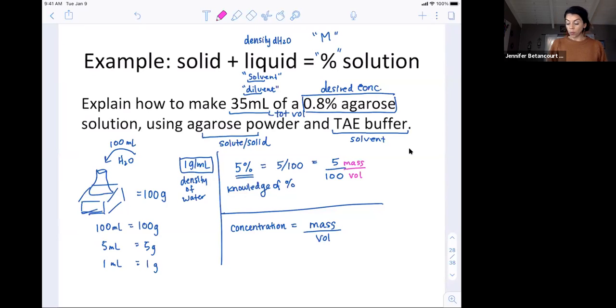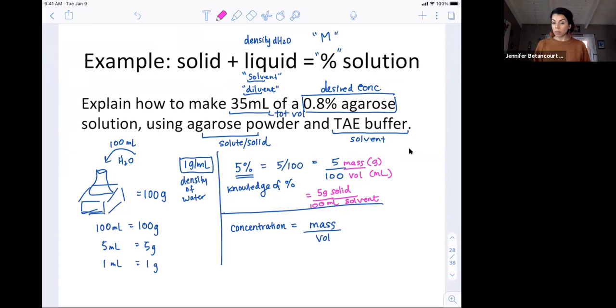In this case, mass is in grams because you're using a scale, and volume is in milliliters. So a 5% solution is, if you had to make 100 milliliters of it, you would weigh 5 grams of the solid and add it to 100 milliliters of the liquid, which is the solvent. So that's how you would make a 5% solution.